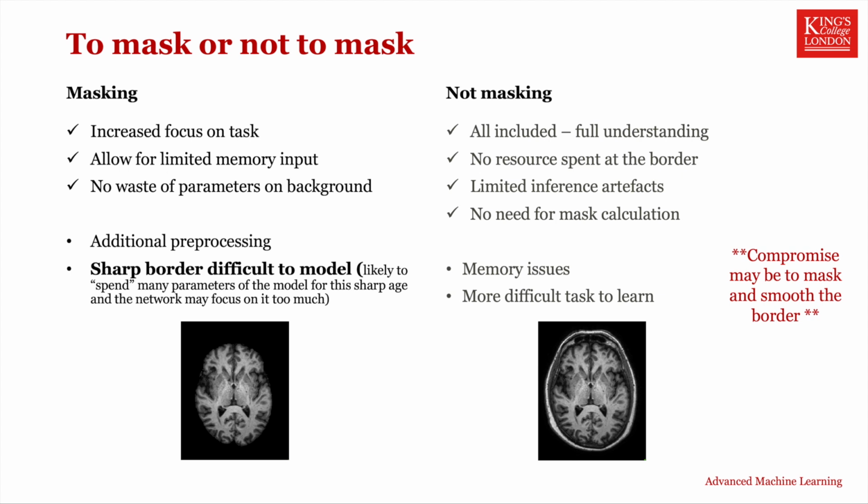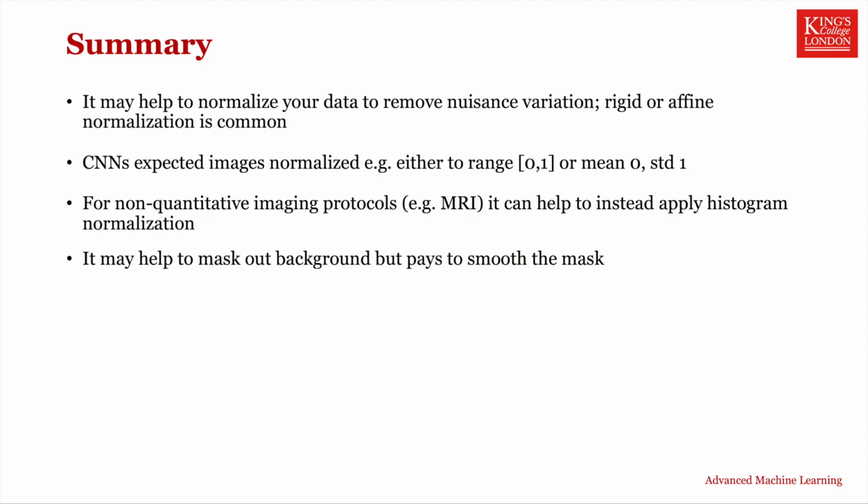masking operation. So, in summary, it may help for you to spatially normalize your images so as to remove nuisance variation and avoid wasting parameters on learning it. It's common, therefore, to use rigid or affine normalization, although nonlinear variation is actually more often addressed or modeled through data augmentation techniques.